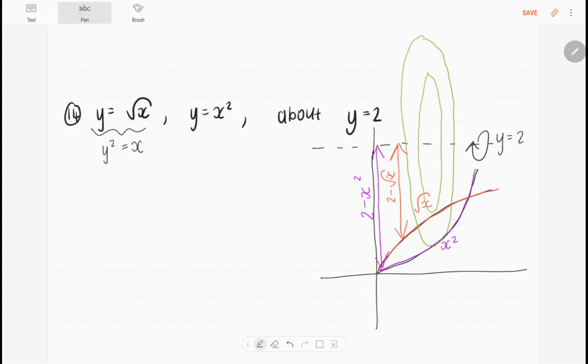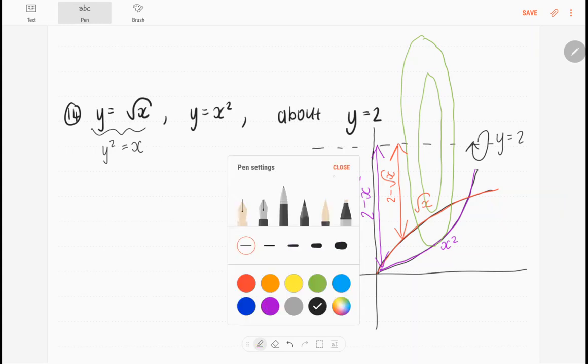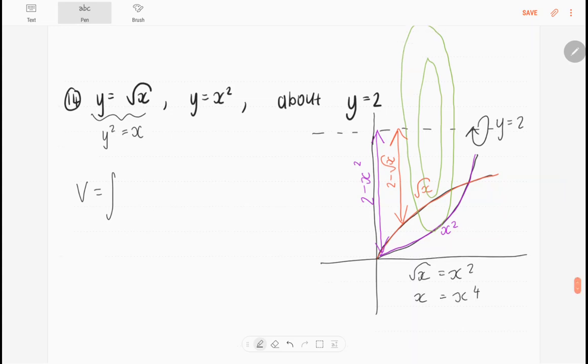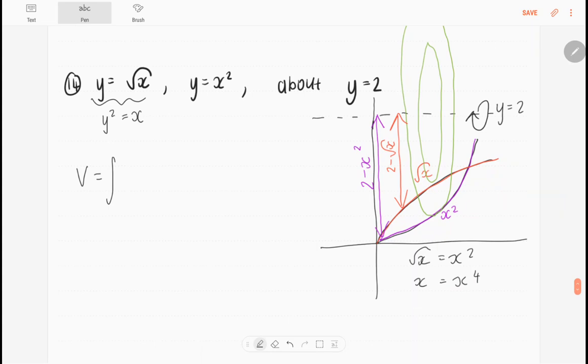So let's set up our integral. Our integral for the volume is going to be the integral from, we still need to find out where they intersect. You can just set them equal to each other. Then you have root x equals x squared, which means x equals x to the 4, which means that we have 0 equals x to the 4 minus x.